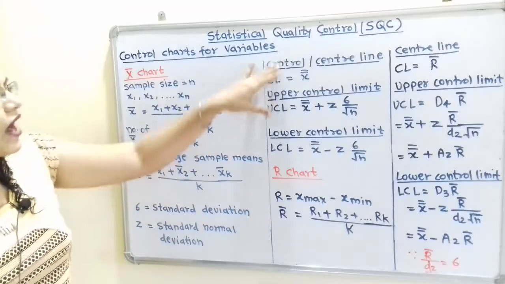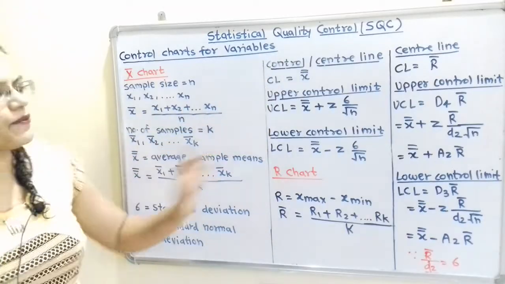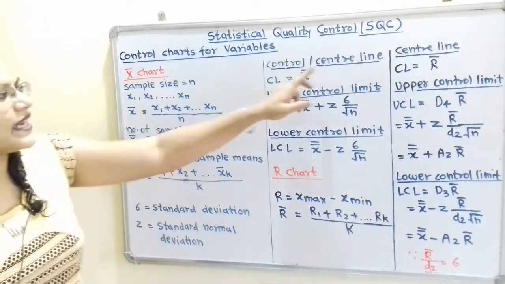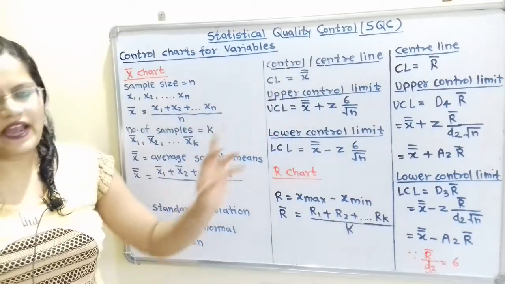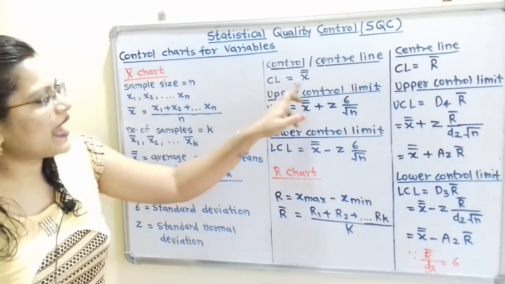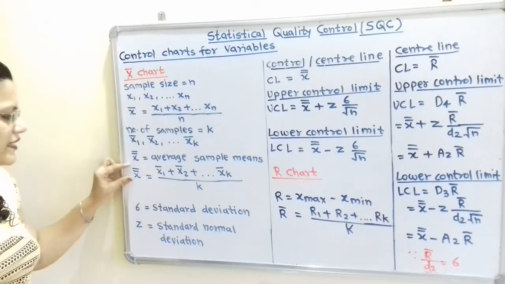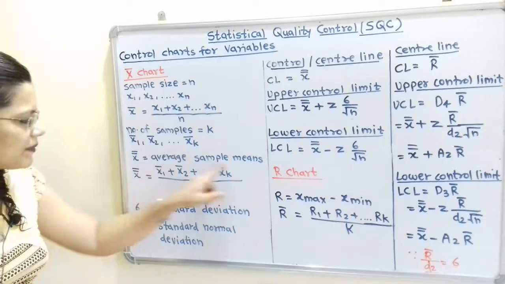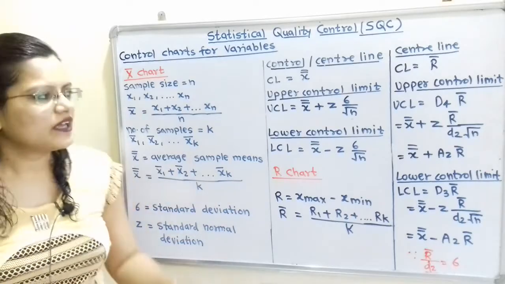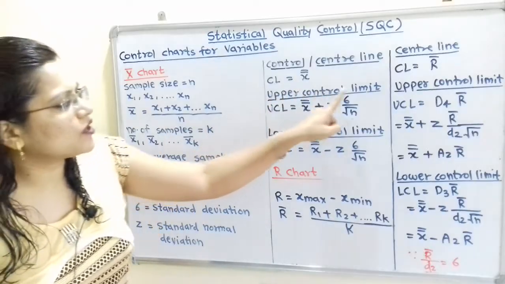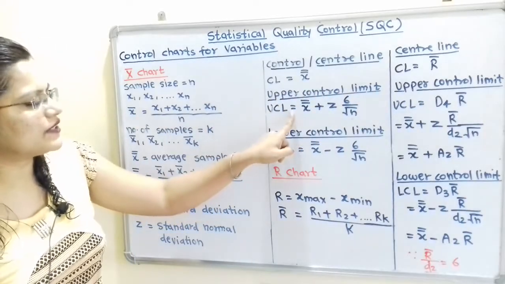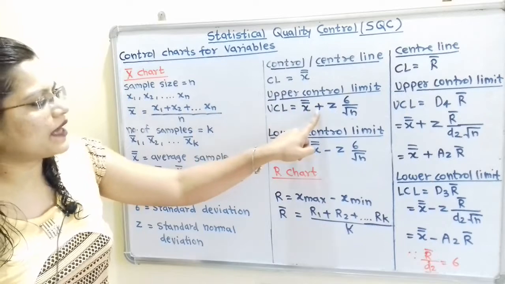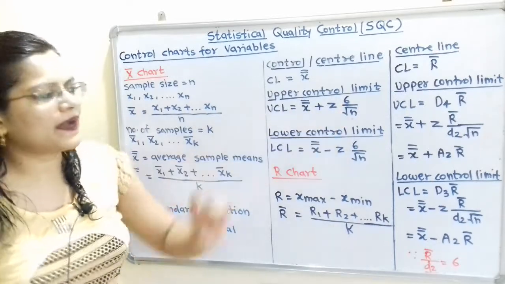Now we will see how to calculate these three important parameters. The center line, that is CL, we will take as x double bar, which can be calculated by using this formula. The second one, upper control limit, UCL, is equal to x double bar plus Z sigma by root n.